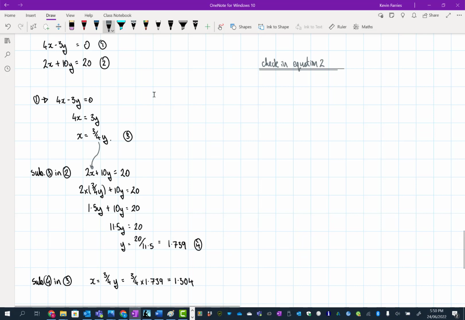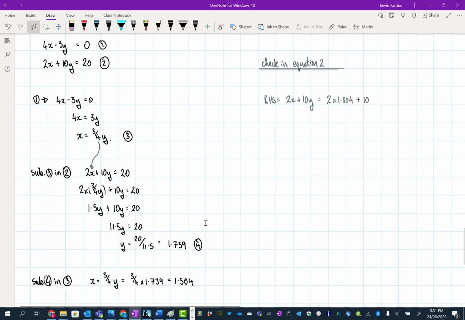So equation 2, let's just write it out again. 2x plus 10y. Now when you're doing these kind of checks, what you usually do is you say the right hand side is equal to 2x plus 10y, which is going to be equal to 2. We'll put in what x is, times 1.304 plus 10.